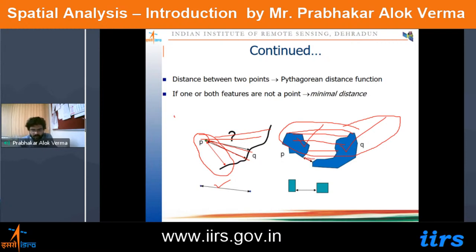If you have to find out distance between 2 polygons, again it is the minimum distance between 2 polygons. Bottom line is distance between 2 features, either point or line or polygon, is the minimum distance between those features. It can be point to point distance, point to line distance, point to polygon distance, polygon to polygon distance, line to polygon distance.